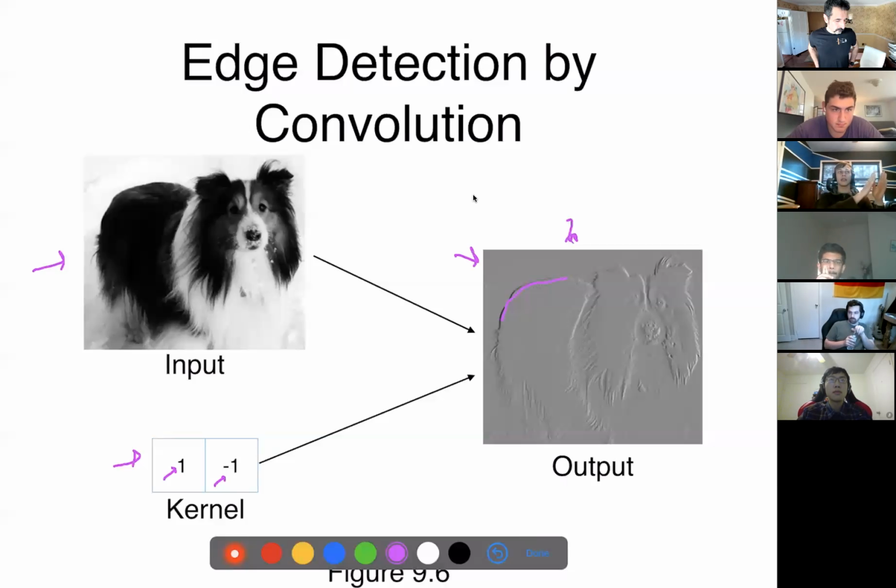If there's an edge that's horizontal versus an edge that's vertical, would it be more sensitive to one than the other? Yeah, maybe, yes. As you can see, maybe this is detecting these horizontal edges better. That's why you have different kernels.